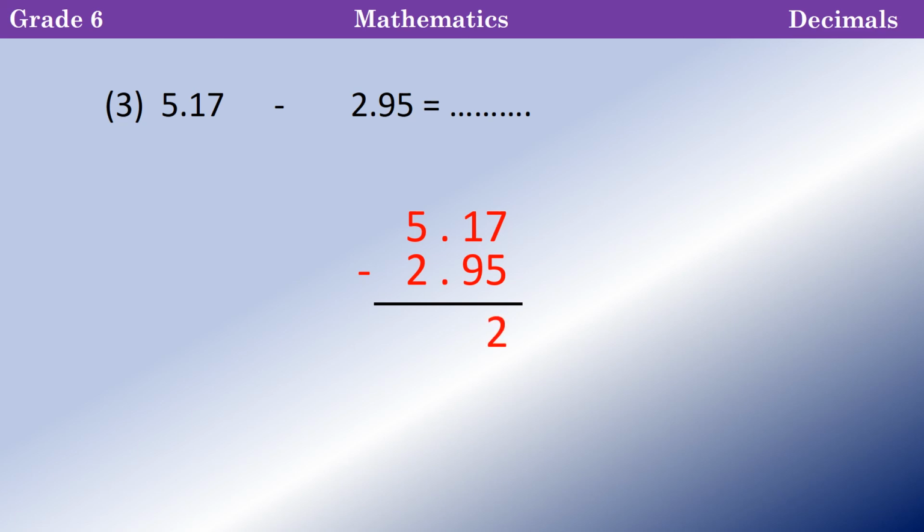And then we have to subtract the digits in the first decimal place. Here we can see that we cannot subtract 9 from 1. Therefore, we borrow 1 from the ones place of the number. And when it comes to the first decimal place, the number becomes 10. Then 10 when added with 1 is 11. 11 minus 9 is 2.